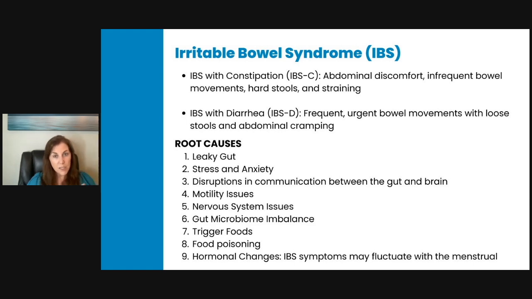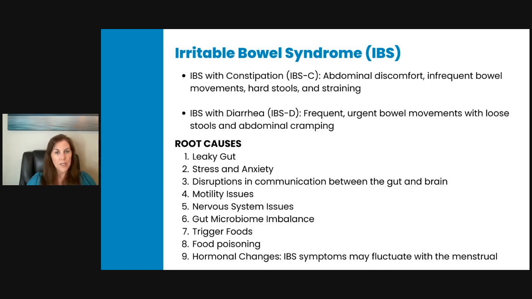You can have a disruption between the communication of the gut and the brain. You can have motility issues, so things aren't moving well enough through the gut, which is usually connected to the nervous system because the nerves activate that motion. Gut microbiome imbalance, trigger foods. Certain foods can actually cause leaky gut.